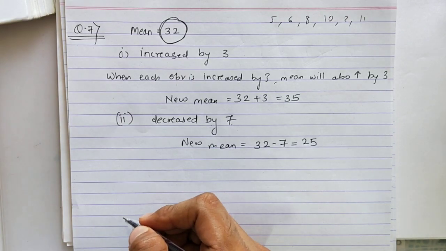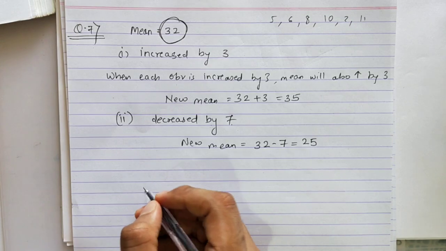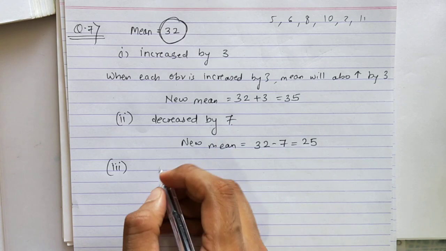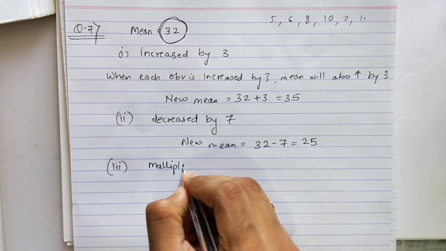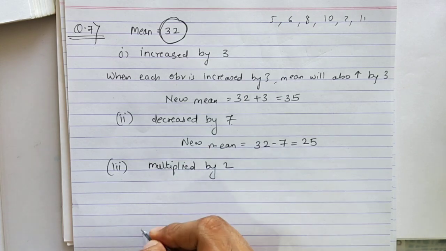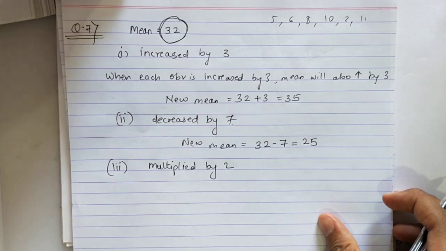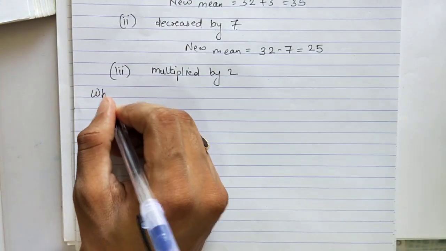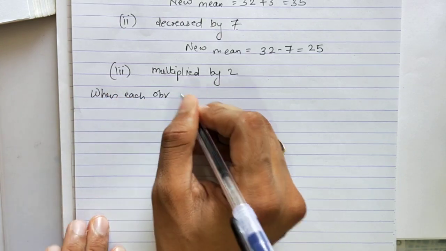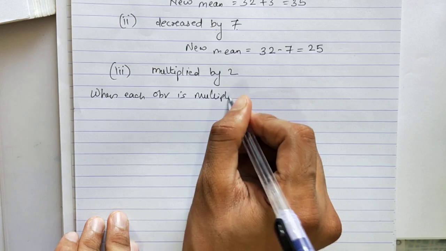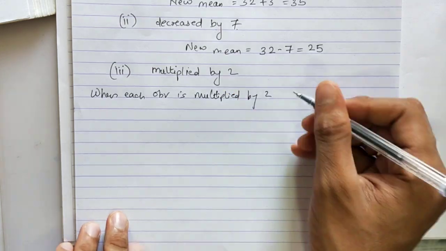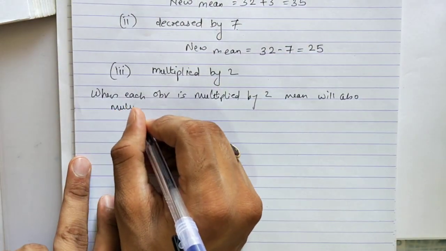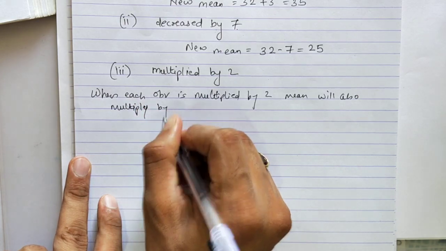Now the third question says if each observation is multiplied by 2. Whatever information is given, the mean will also get multiplied by 2. So we write here, when each observation is multiplied by 2, the mean will also multiply by 2.